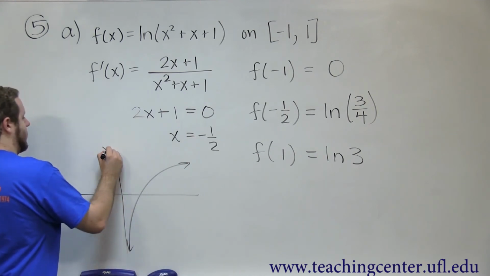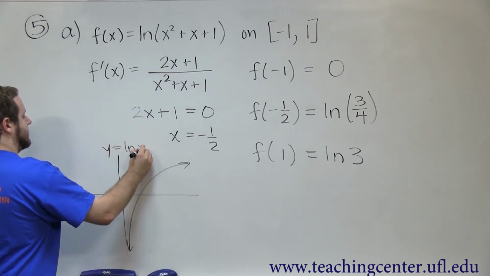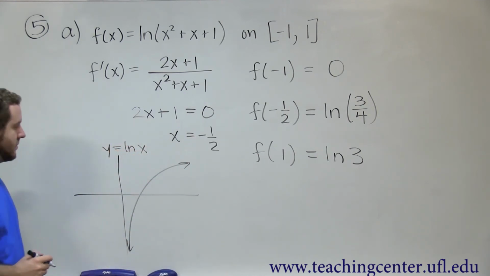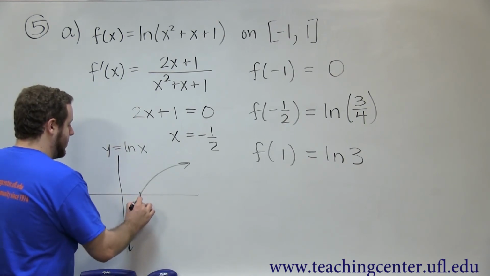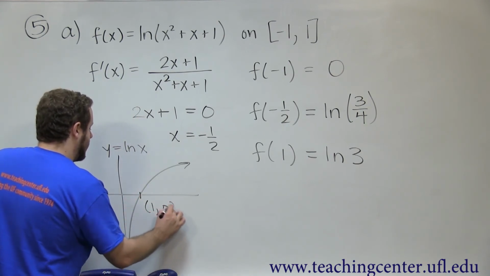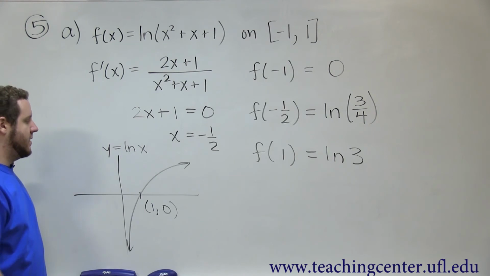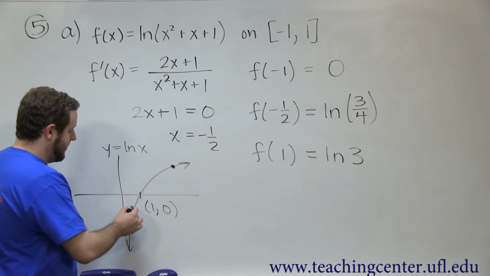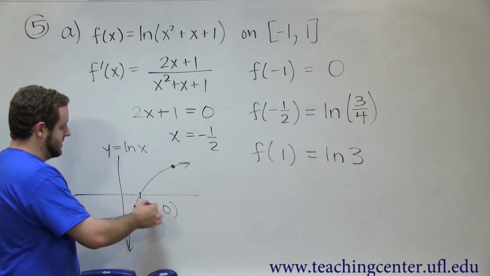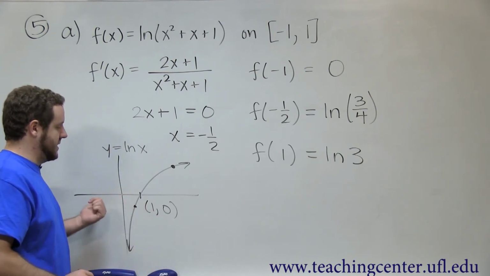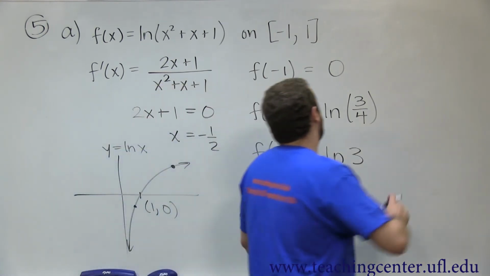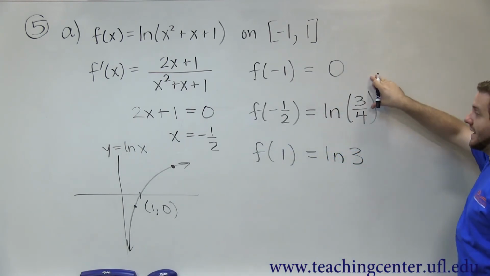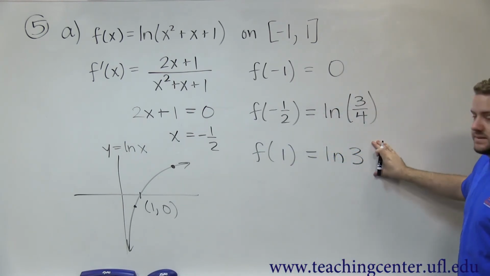So this is y equals ln x. And this point right here where it crosses is (1, 0). So ln of 3 is some number over here. ln of 3/4 is actually negative because its x value is less than 1. So this is 0, this is a negative number, and this is a positive number.